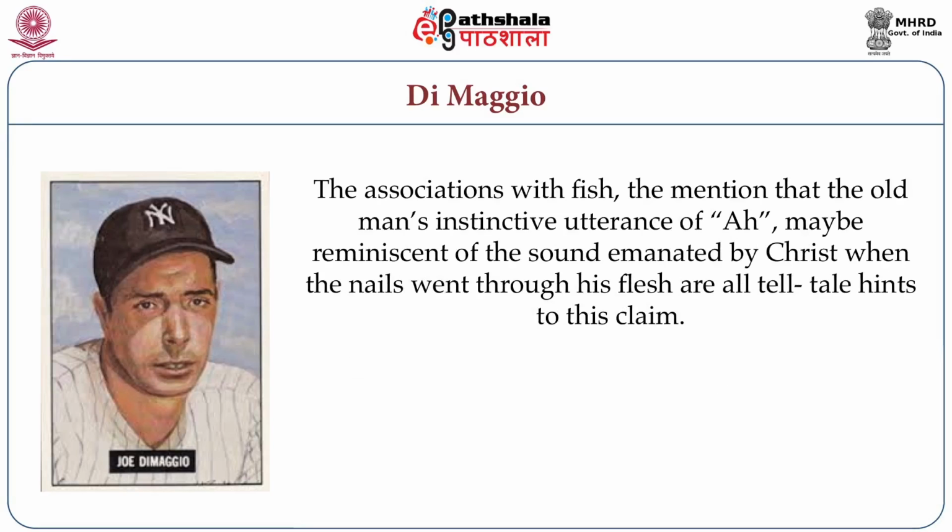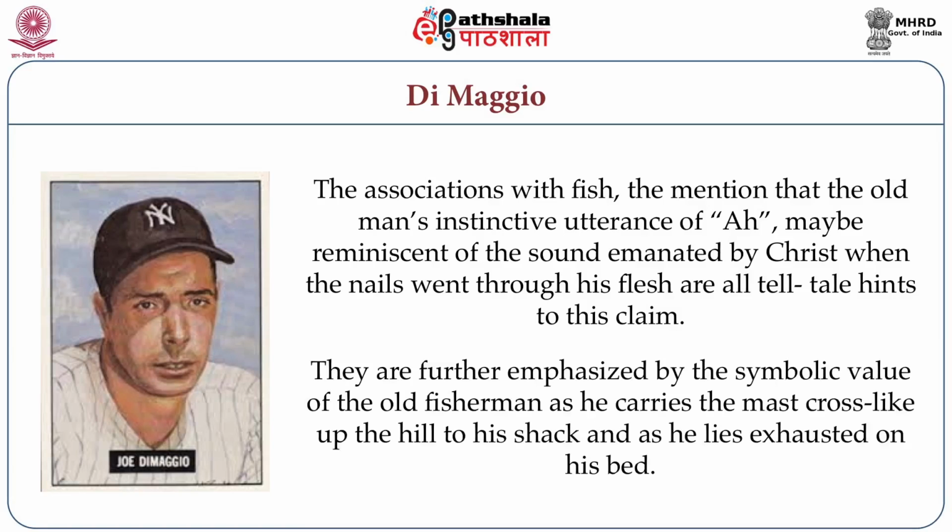The associations with fish, the mention that the old man's instinctive utterance of "ah" may be reminiscent of the sound emanated by Christ when the nails went through his flesh, are all telltale hints to this claim. They are further emphasized by the symbolic value of the old fisherman as he carries the mast cross-like up the hill to his shack, and as he lies exhausted on his bed.